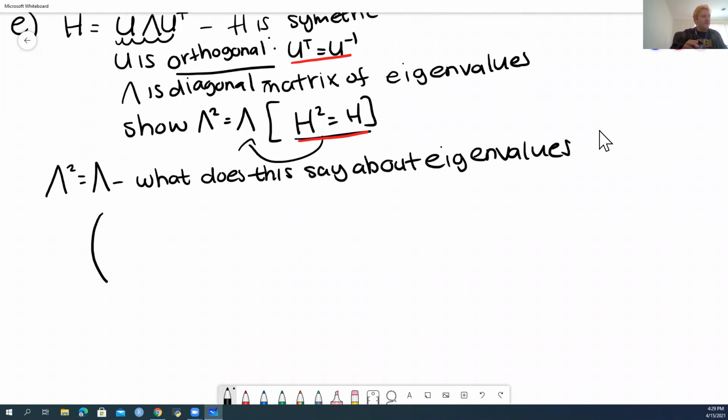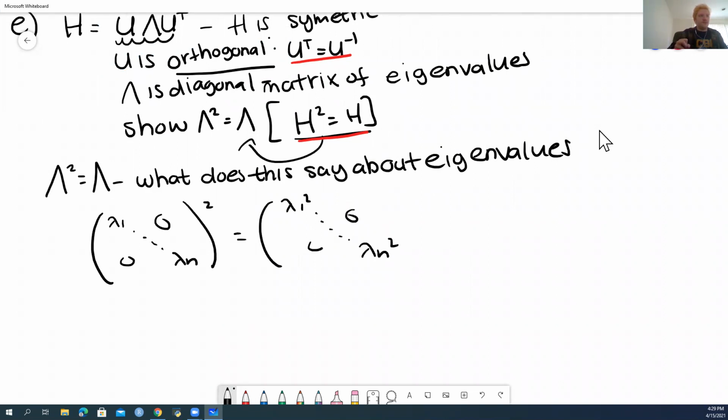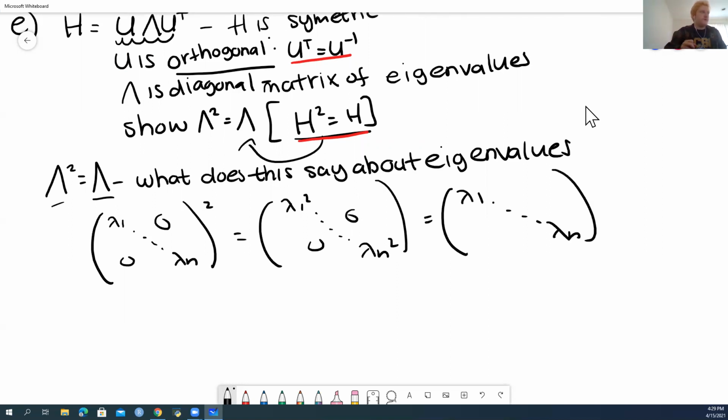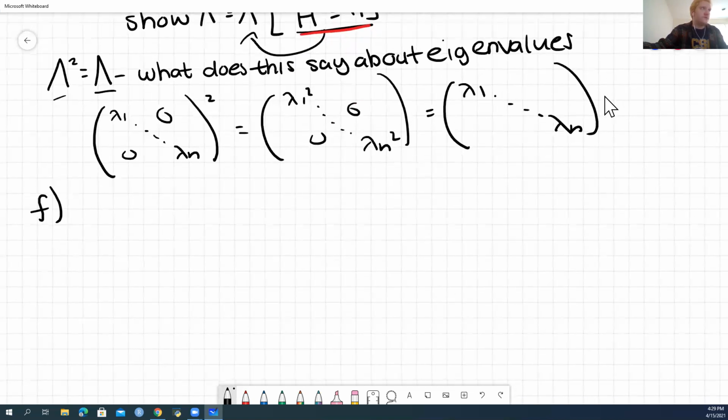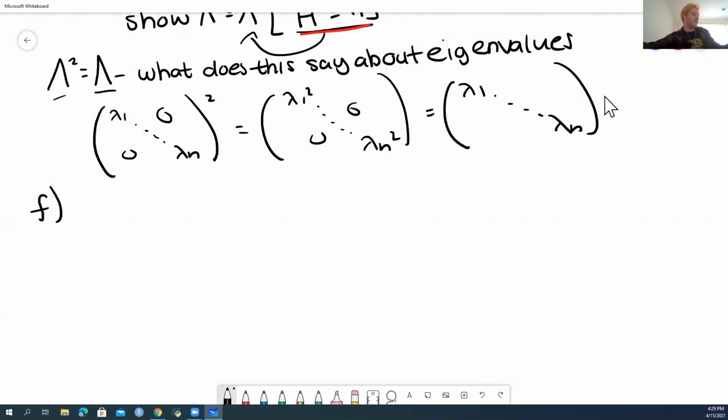Remember that if you have lambda 1 through lambda n squared, and it's a diagonal matrix, these are zeros, you'll just square the diagonal. It's as simple as that. So then go from there. I think that will reveal what that says about the eigenvalues quite easily, because if this is equal to lambda 1 through lambda n, you'll see some stuff. Okay. So any questions about anything I'm doing over?